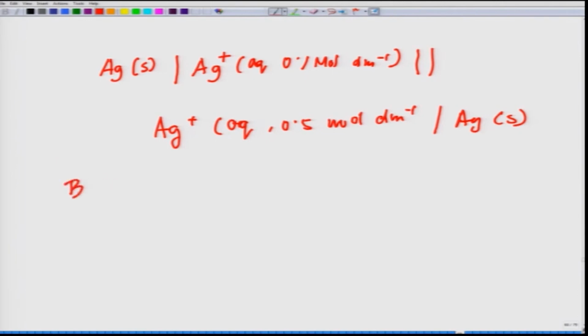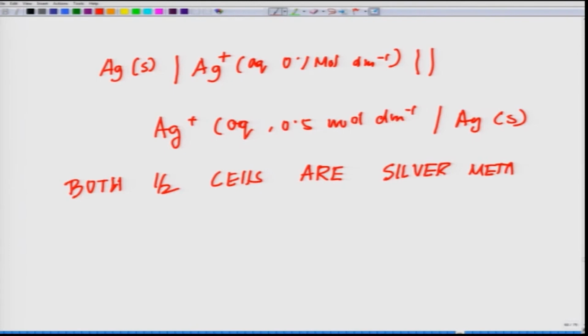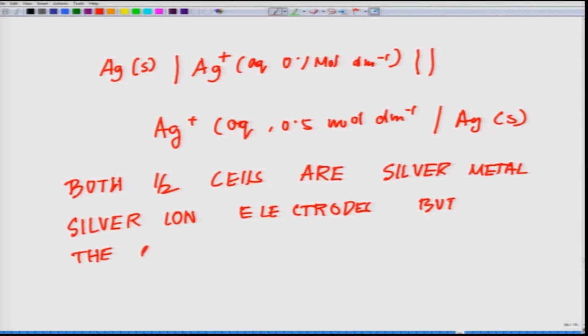Both half cells shown above are silver metal, silver ion electrodes, but the concentration of silver ions in either of the half cells is different.